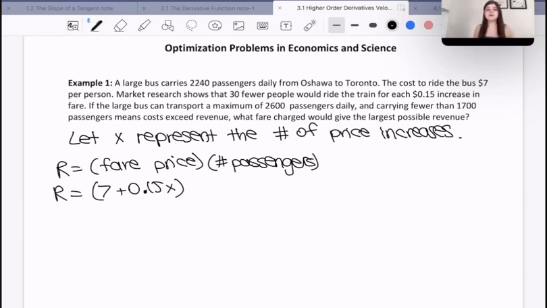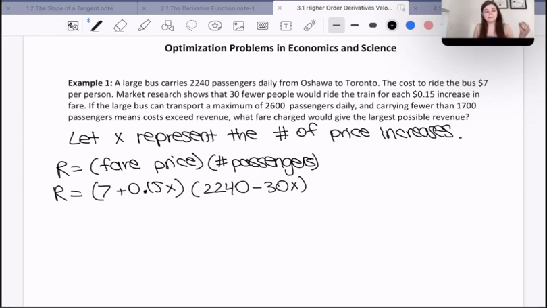Now, what about the number of people? Originally it's 2,240, but every time we increase the price, we lose 30 people. So we're making a trade-off: more people would ride this bus if we made the fare price less, but if we make the fare price more, then fewer people ride.